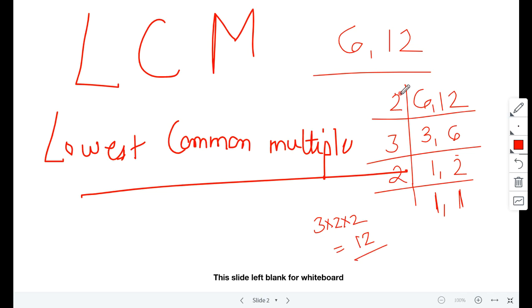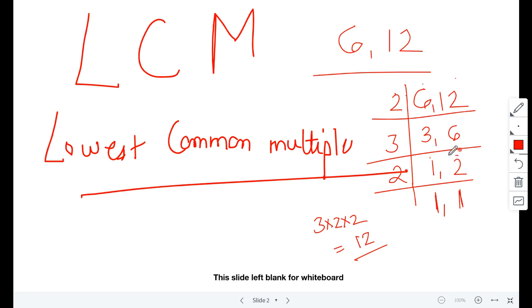So how to calculate LCM? First you have to write these two numbers and you keep on dividing those numbers. It's not necessary that you have to find a common number also. You can start with the first one. But it's easier if you look out for that number by which you can divide both the numbers. Ultimately, you get two numbers when they become co-prime, which means there is no more common factor between them.